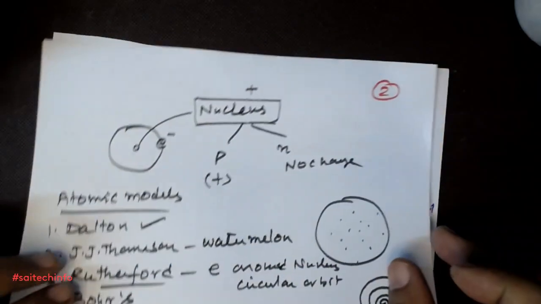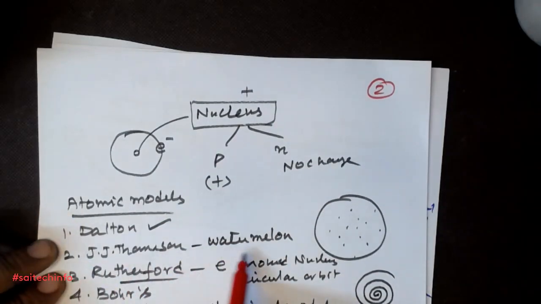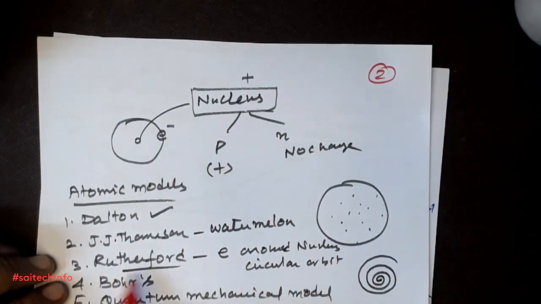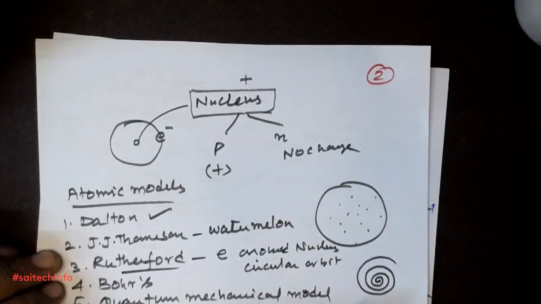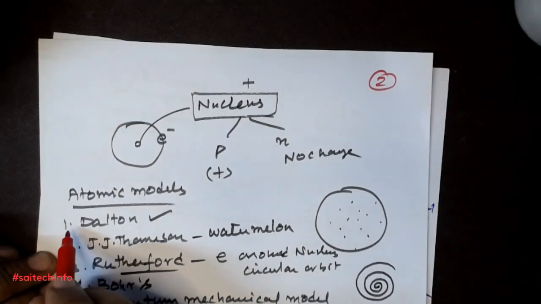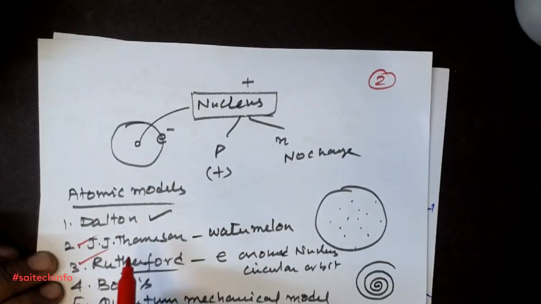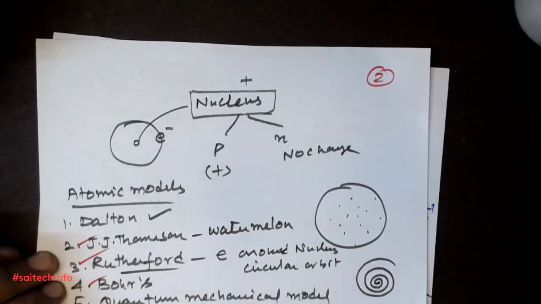Then the different atomic models: Dalton, J.J. Thomson watermelon model, Rutherford, Bohr concept, and quantum mechanical treatment. Here we discussed Dalton, J.J. Thomson, Rutherford, Bohr, and we need to explain the quantum mechanical model in our next session.